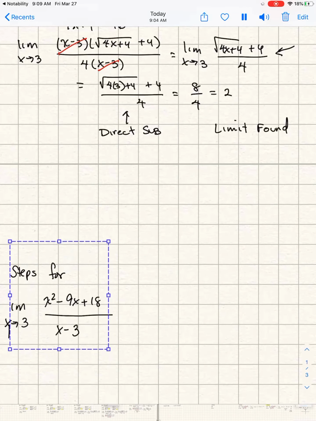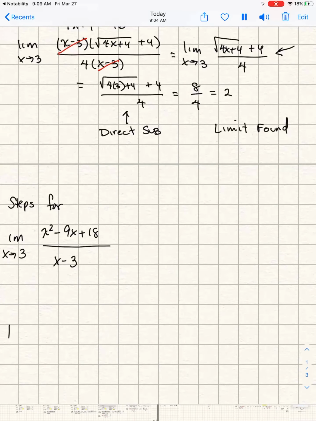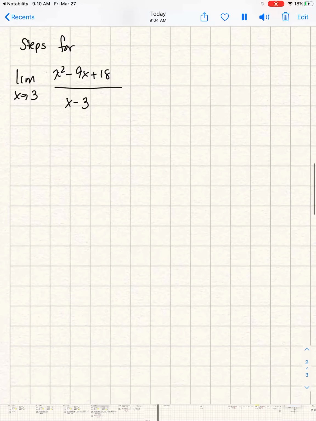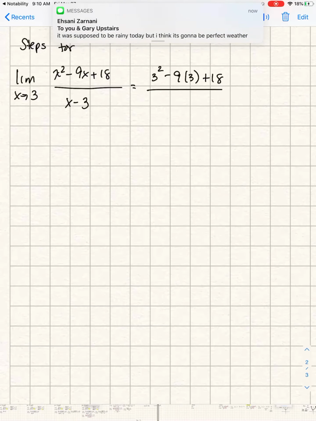All right, I'm going to show you again another one with the steps for this limit question. On this one, first thing you do is you always substitute in first. So you got 3 squared minus 9 times 3 plus 18, right, over 3 minus 3.